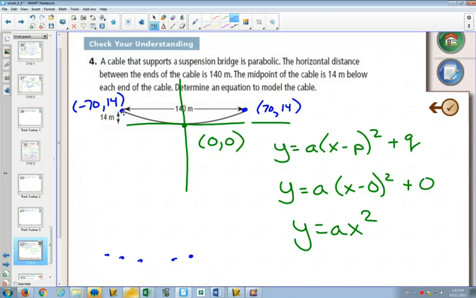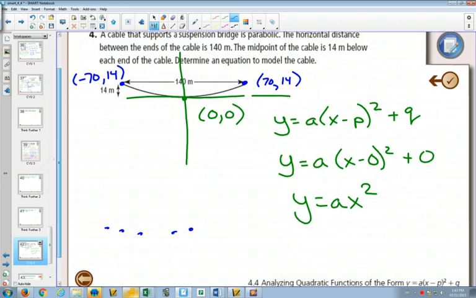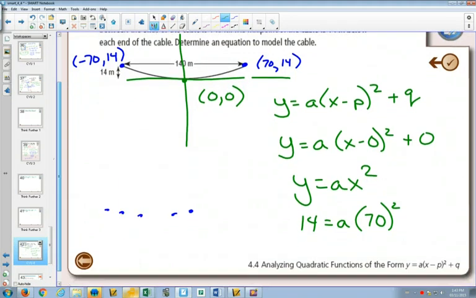So you could use either one of those and say, when y is equal to 14, x is equal to 70, and so our a value, divide both sides by 4,900, is 14 over 4,900.